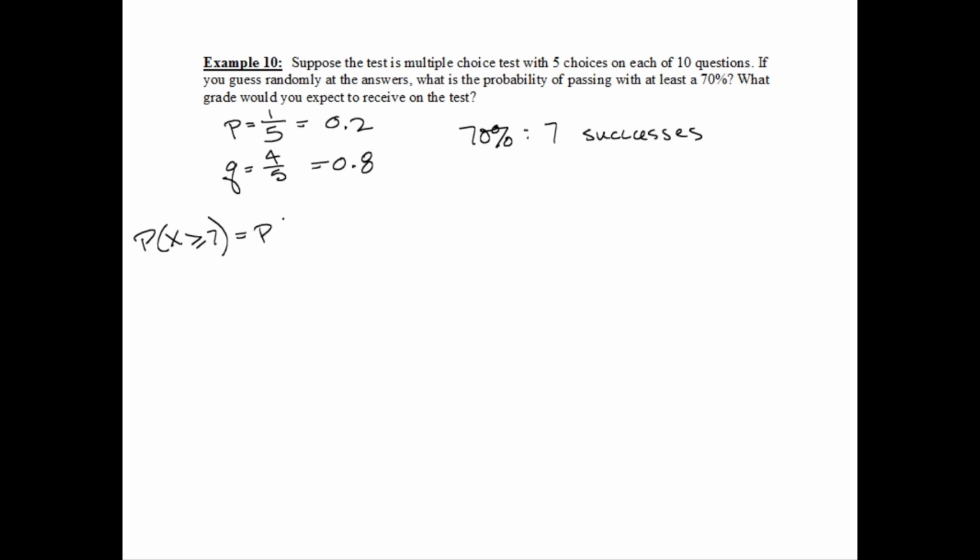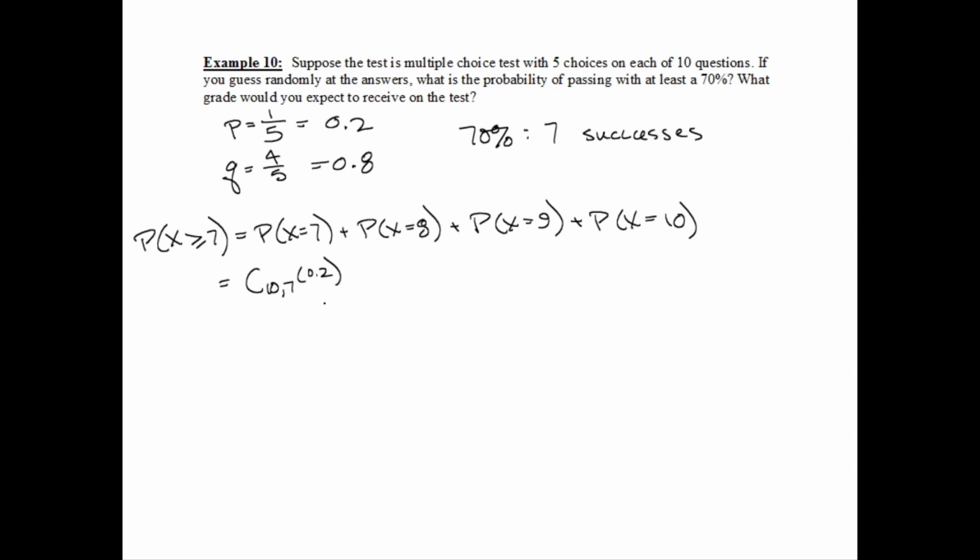So that means the probability that x is 7, x is 8, x is 9, x is 10. We're going to add all these up. For each of them, we're going to have a separate formula. Combination 10, 7. This is going to look just like the one above, except our p and our q are different.